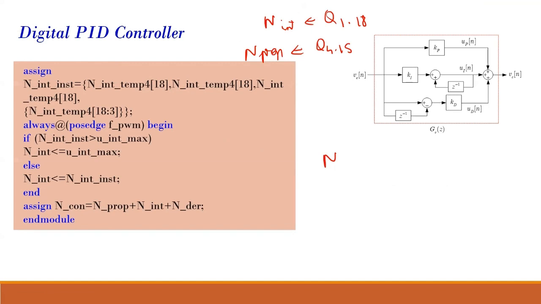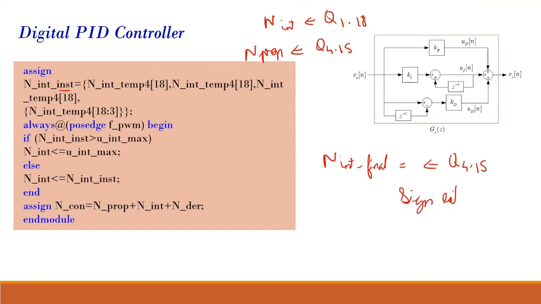So my n integral final, I need to make it of the form Q4.15. This is 1.18, and I have to make it Q4.15. What I will do is sign extension.